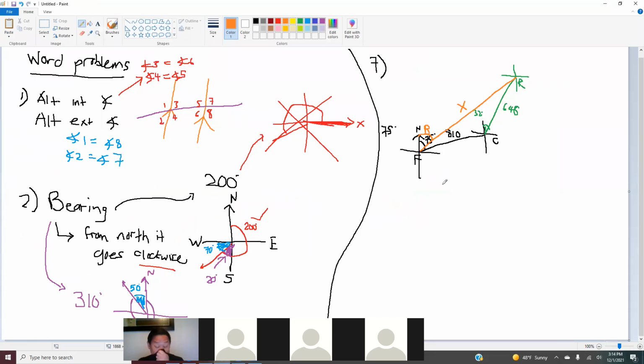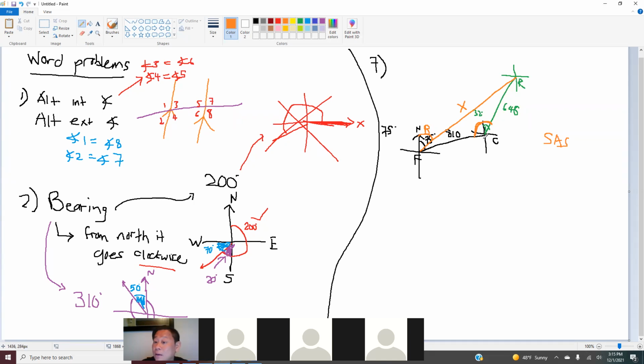So now we're going to play around with this triangle. The main part of this is we need to find angles. We know this is 32. So now our main goal is to figure out what is this total angle. Because if you know this angle, this triangle is called SAS.